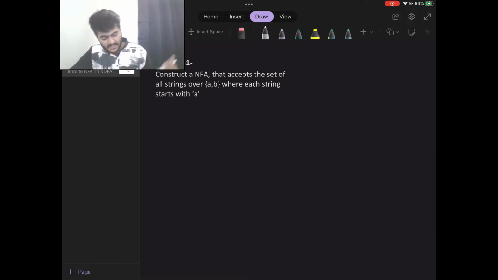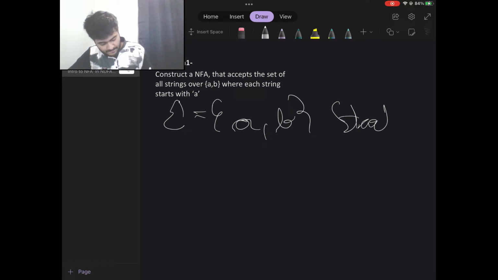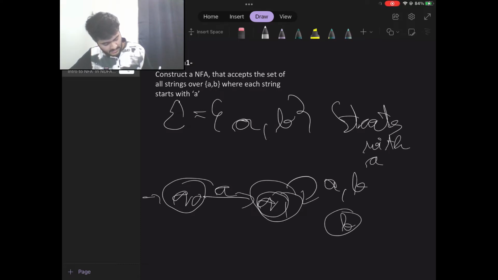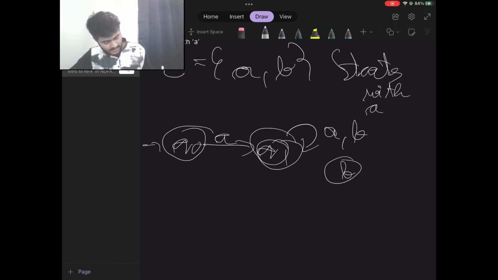So let's take an example. Construct an NFA that accepts the set of all strings over A and B, where B is our input, and each string starts with A. So you can build with Q naught, A, Q1, that's the final state, and then just A comma B. You don't have to define B for that.